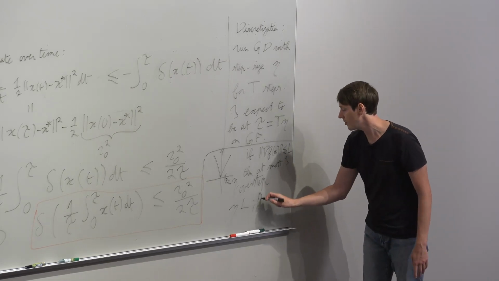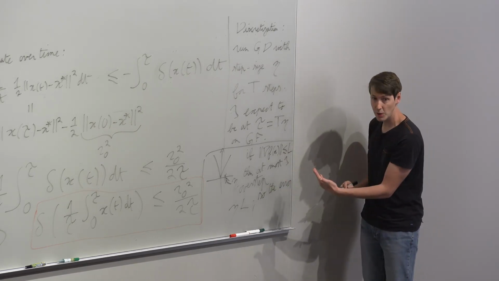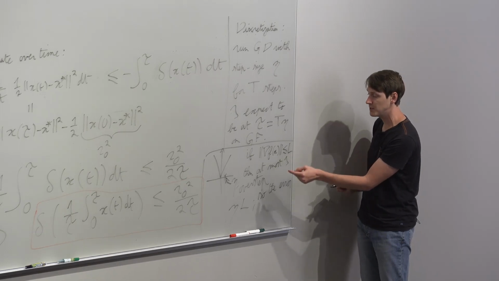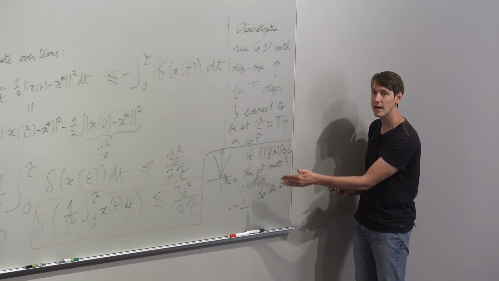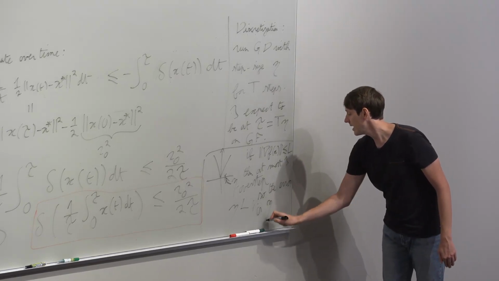If I am at distance eta L from the optimum and my function is L Lipschitz, then my error is eta L times L. So the error is eta L squared.